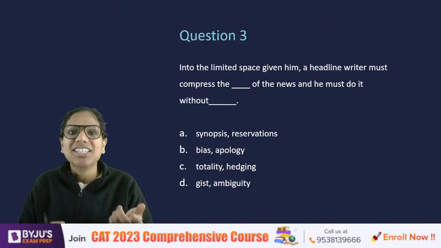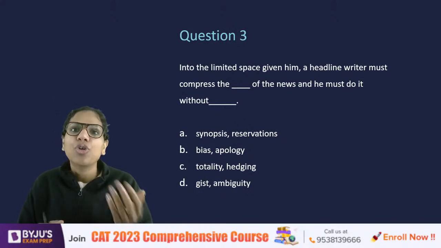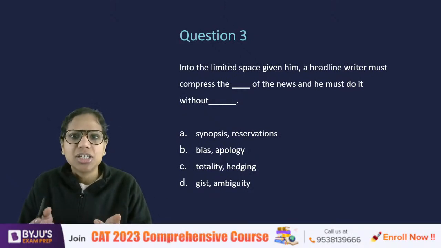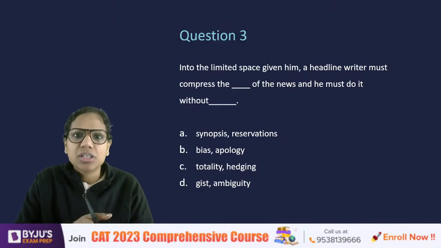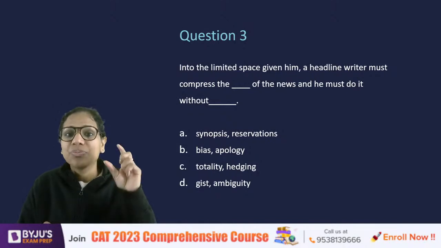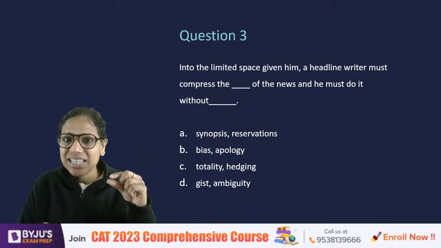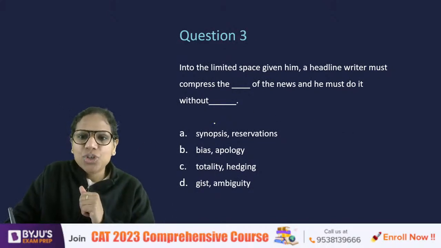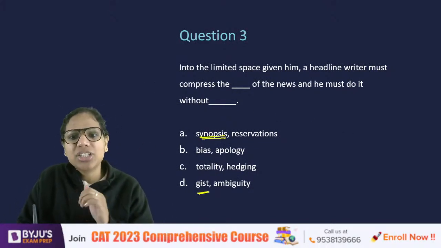From what source is this article coming? So let's say there is an article on politics from a particular politician. Of course, it could be biased towards his or her party, right? So these are the two things you should check when you read newspaper editorials: the headline, because it gives you the gist, and the source. So here synopsis can come and even gist can come.